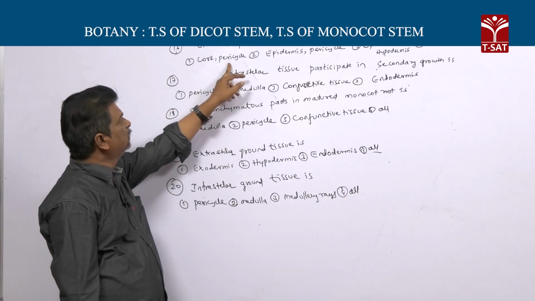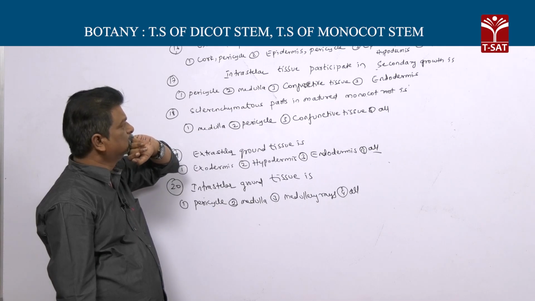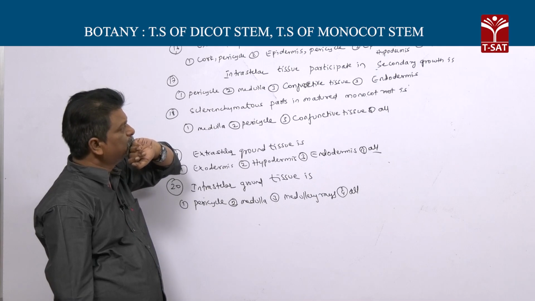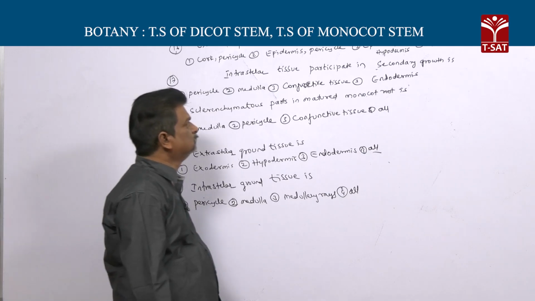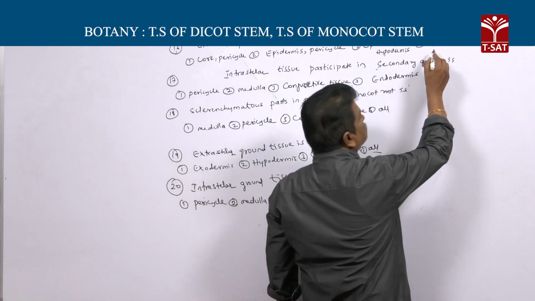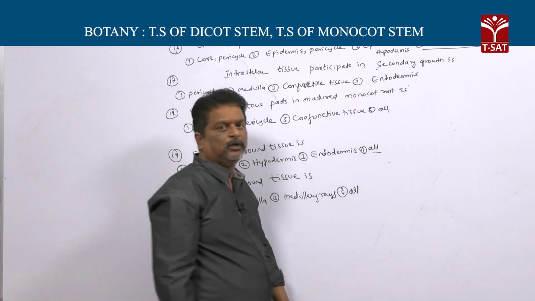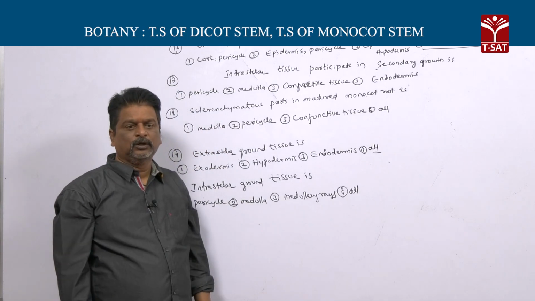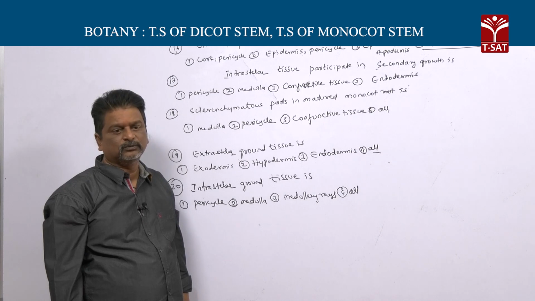External protective tissues in roots. Options: cork and pericycle, epidermis and pericycle, epidermis and hypodermis, epidermis and exodermis. So your answer is epidermis and exodermis. Young root contains epidermis as the protective layer.